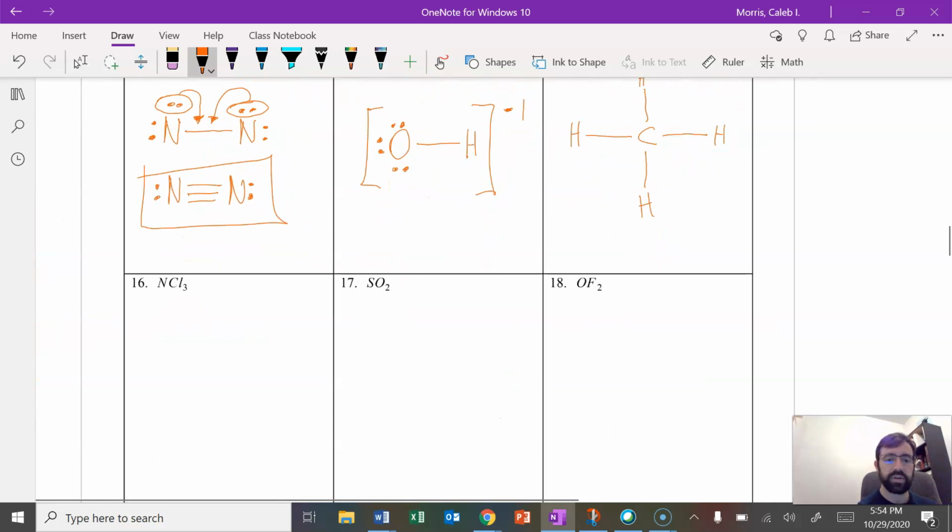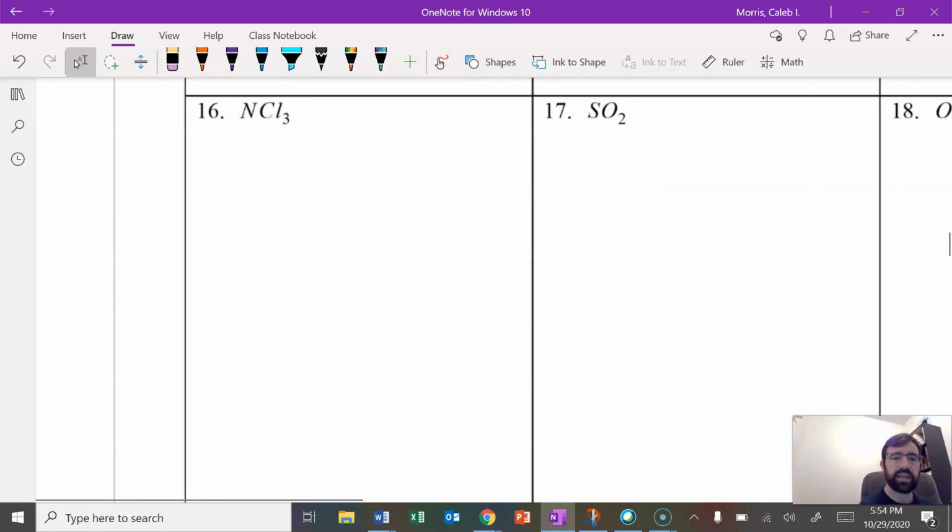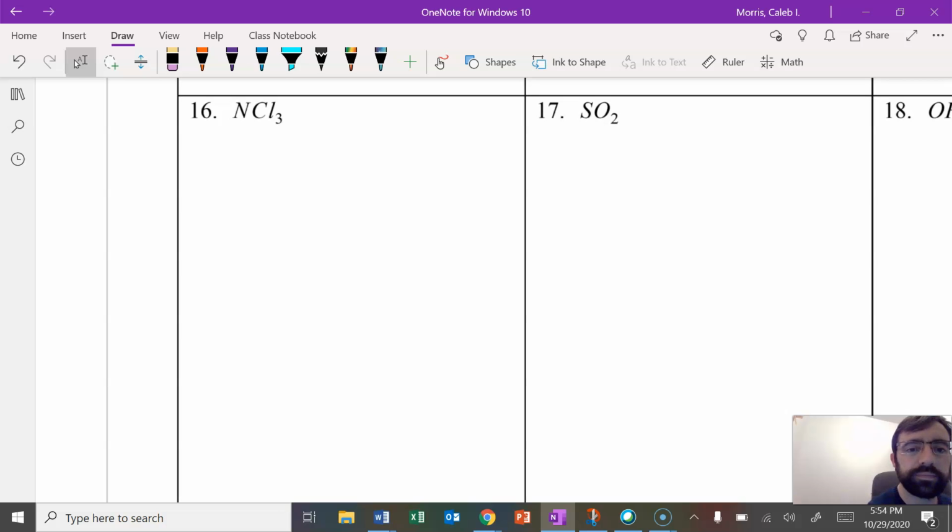Let's go on to number 16. NCl3. N is in group 5. Cl is in group 7A. So it's got 7 valence electrons, but we're multiplying by 3 because of the subscript.